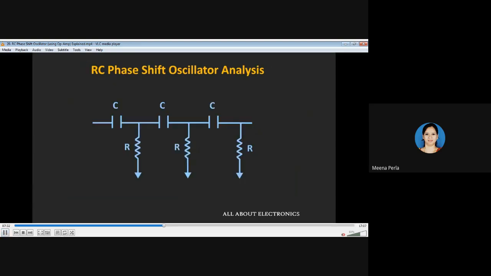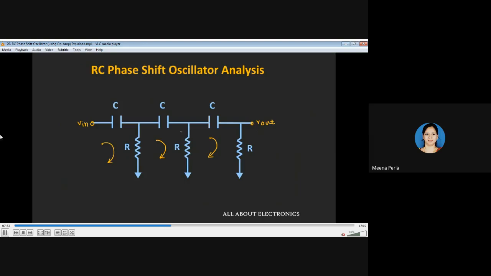Here the same RC stages have been drawn separately. Let us assume that V in is the input to this RC stage and V out is the output of this RC circuit. In this RC circuit, just by using the mesh analysis method, or the nodal analysis method, we can find the relationship between the output and input.